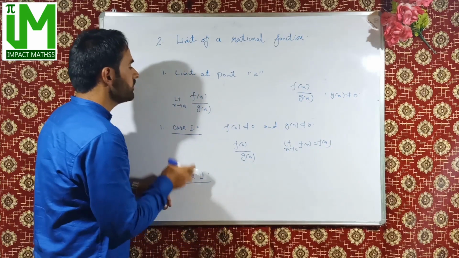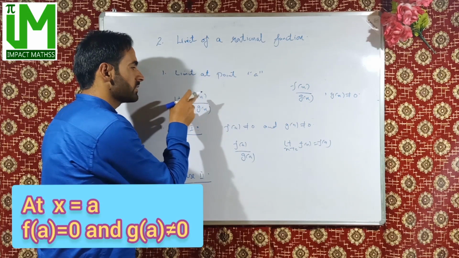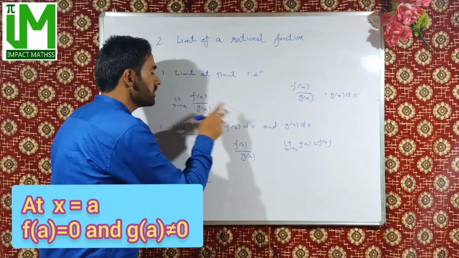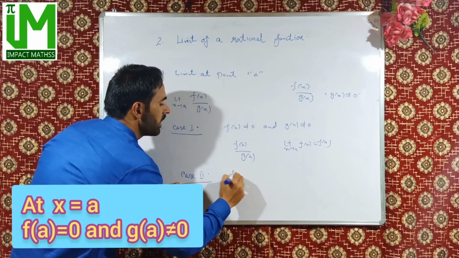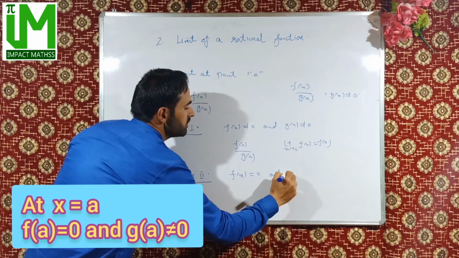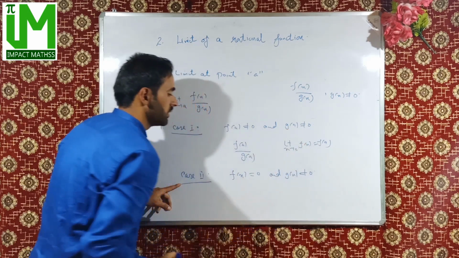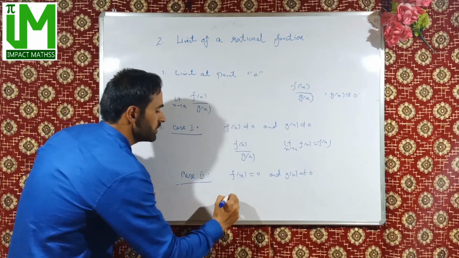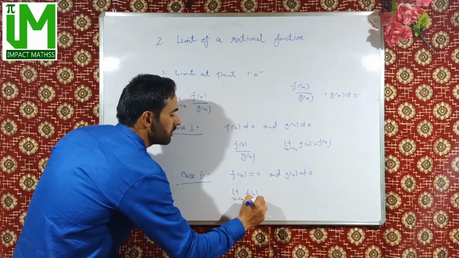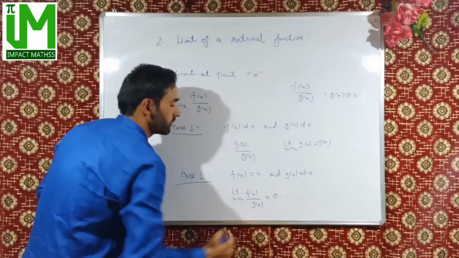Case second, if at x is equal to a, f of x is equal to 0 but g of x is not equal to 0, that is f of a equals 0 and g of a is not equal to 0, then limit x tends to a of f of x divided by g of x is equal to 0.